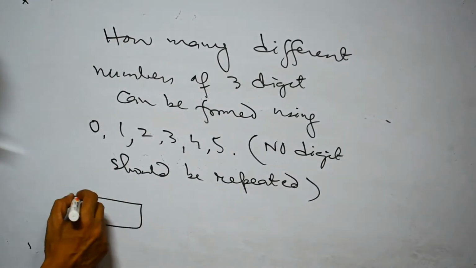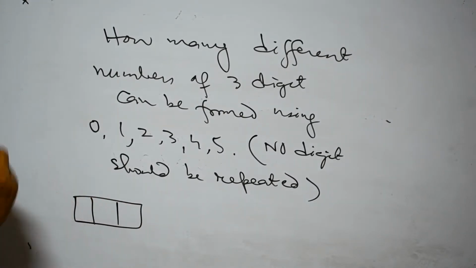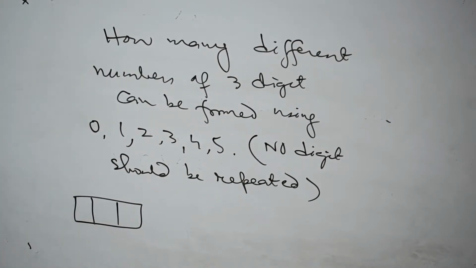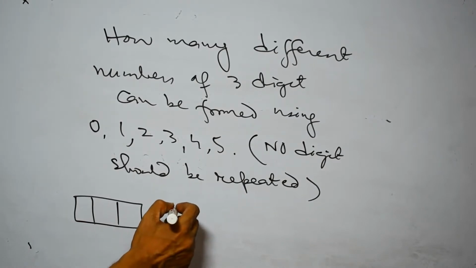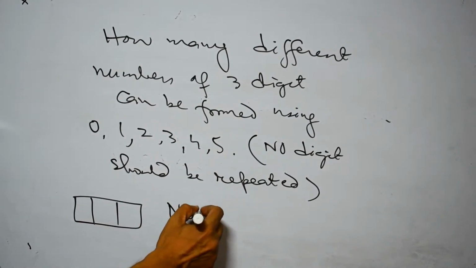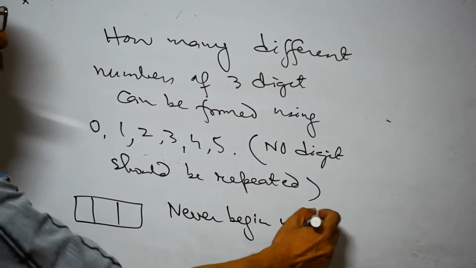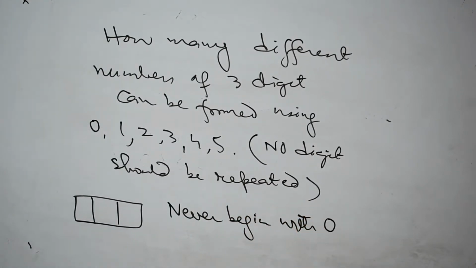First place is very important because if I put 0 at the first place, then the number will not be a 3 digit number. So our idea will be never begin with 0. That means the idea will be to form the numbers, but 0 should not be at the beginning.